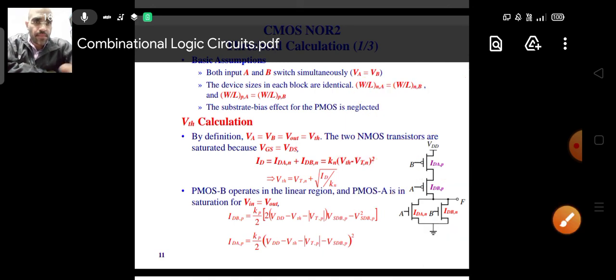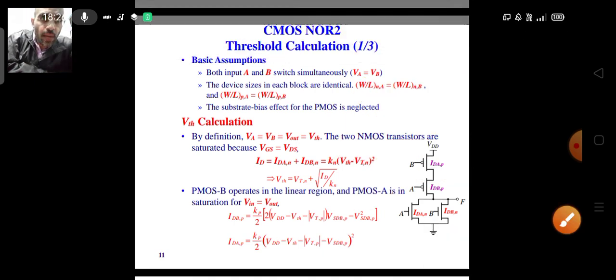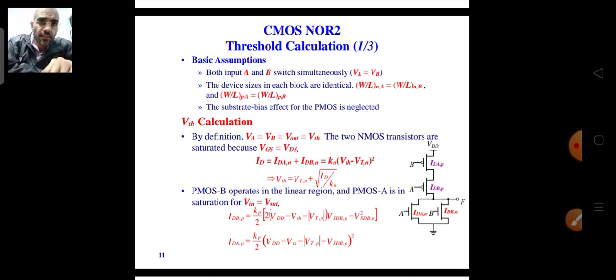If we keep this in mind and analyze the circuit, at threshold voltage both inputs A and B are at VDD by 2, and simultaneously the output F is also at VDD by 2.